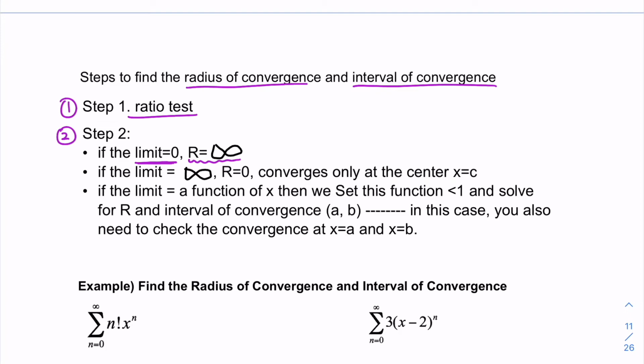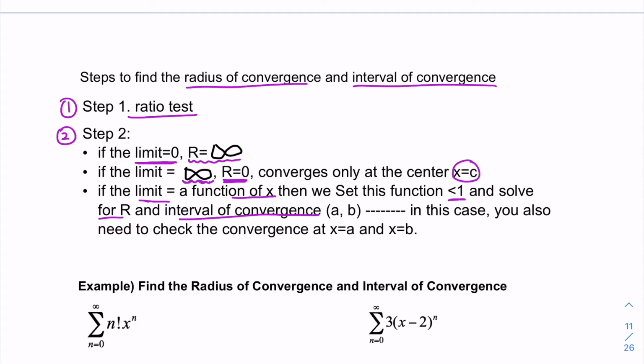And if the limit is infinity, as we know infinity is always greater than 1, that means it is not going to converge except at the center c. Only converge at center c, r equals 0. If the limit gives you a function of x, then we set this function less than 1 and solve this for r and the interval of convergence.